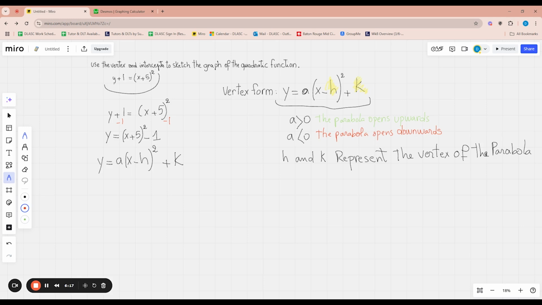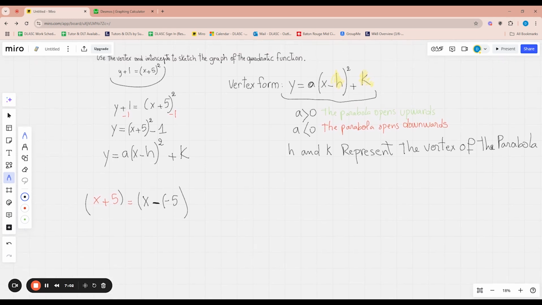So if we see x + 5, actually this x + 5 is like this; this is how I understand it, how my brain works. If we see x + 5, it is actually x minus negative 5, because in the vertex form h is subtracted.